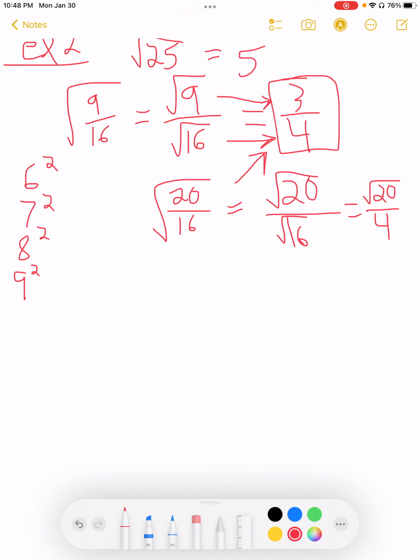Okay, so lesson 72. It's just about graphing inequalities here. Okay, so graphing.